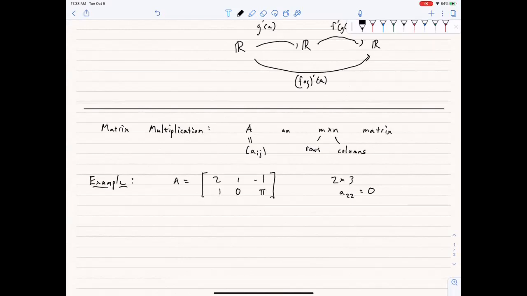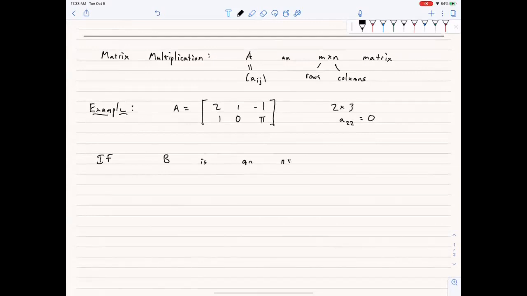All right, so now let's suppose I have another matrix. So if B is an n by p matrix, we can form the product, which I'll call C, A times B. Okay, so I need some entries here.